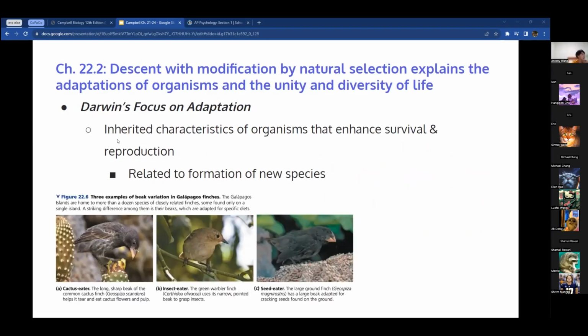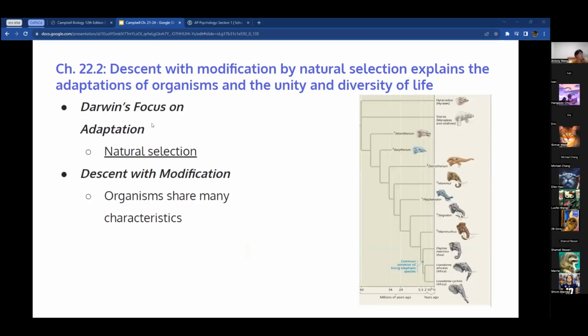Darwin's focus was on adaptation, inherited characteristics, enhanced survival and reproduction, related to the formation of new species. So Darwin believes that specific traits help organisms survive and reproduce, and we'll get into this in a second. Darwin focused on adaptation.